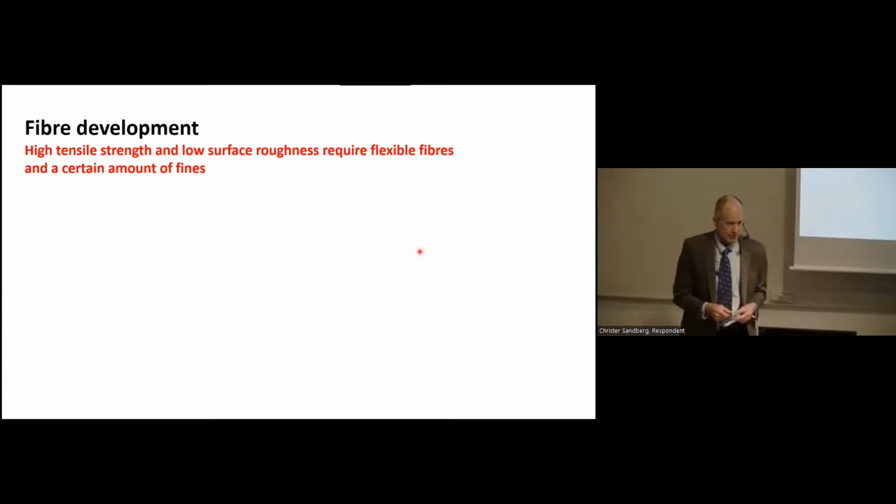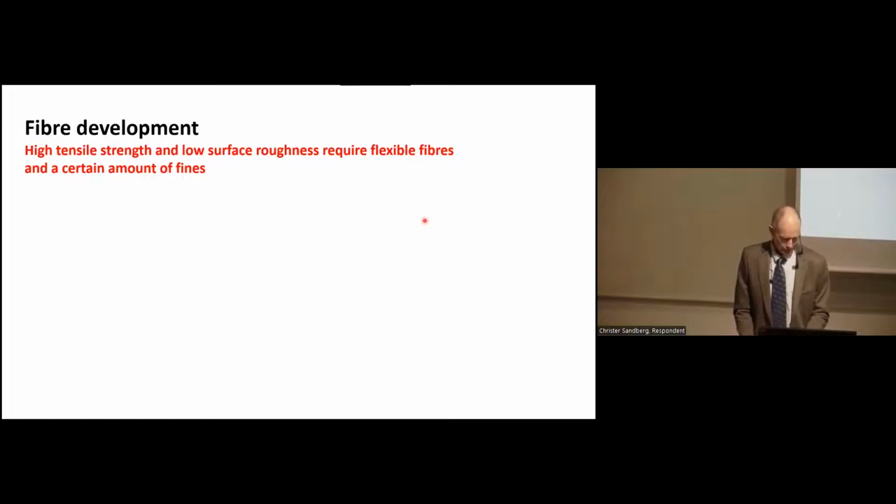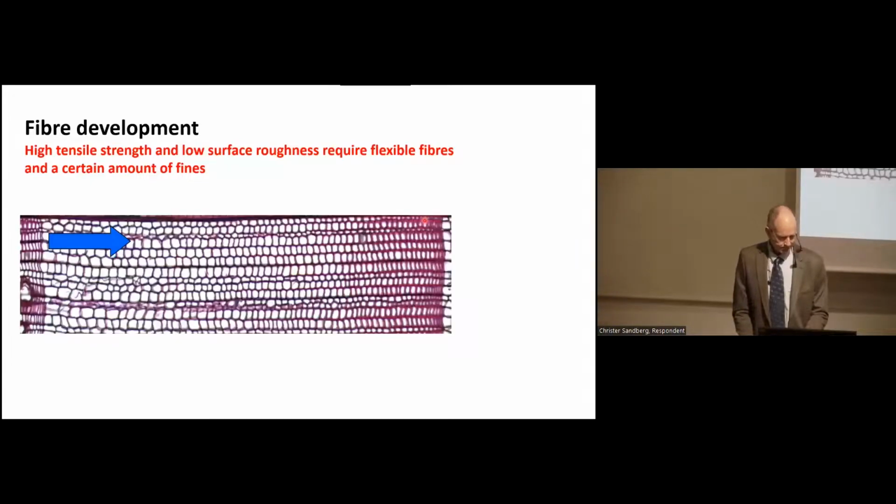When you make printing papers, you have to have strong enough paper and you have to have smooth surfaces. To attain that, the fibers have to be flexible so that they conform in the sheets. And you also have to have a certain amount of fines, small particles that contribute to both strength and optical properties.